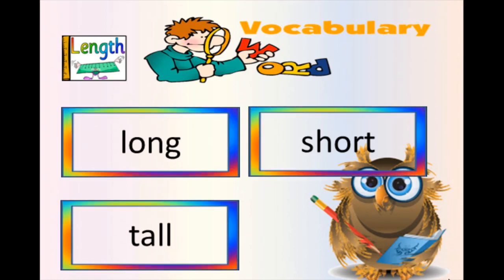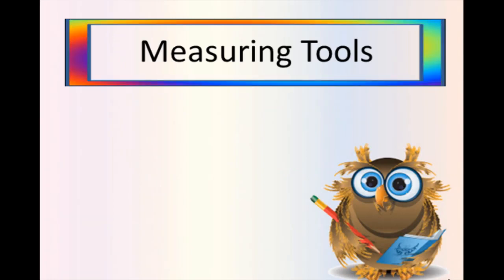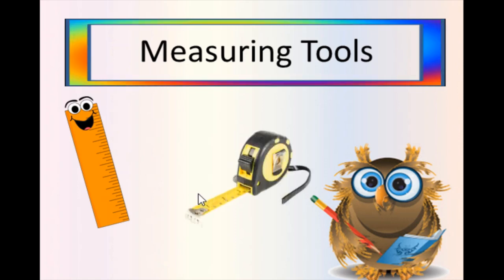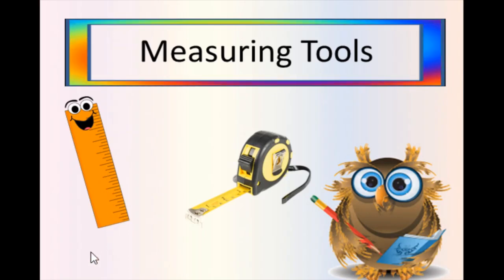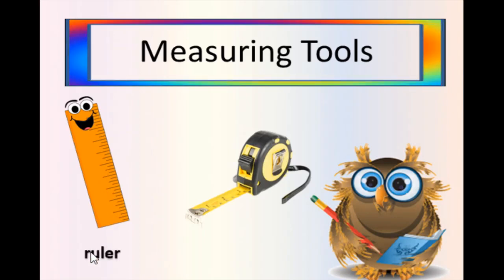We also learned last time the different measuring tools. Let's have the two of the most familiar tools to be used. First, second. What is this again? Very good. It's a ruler.